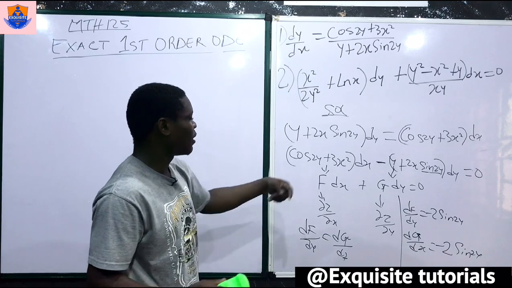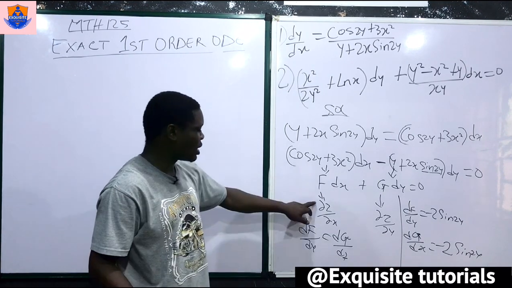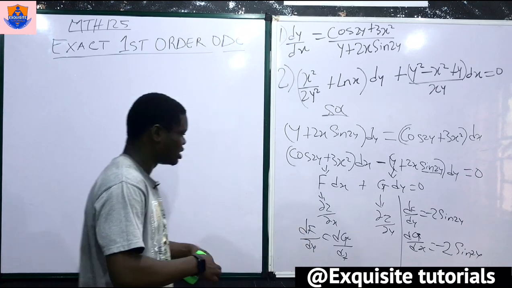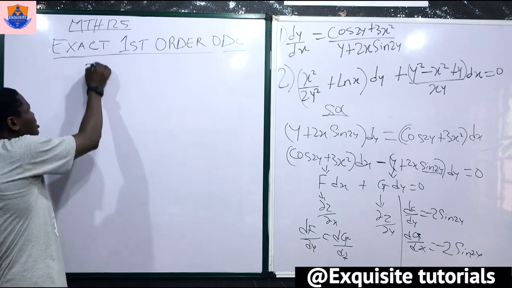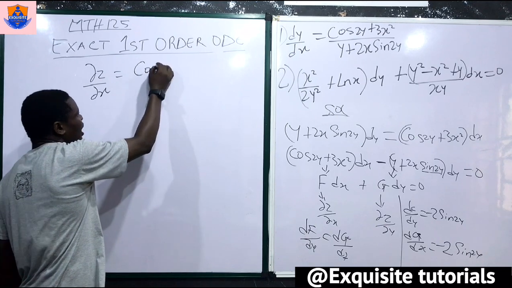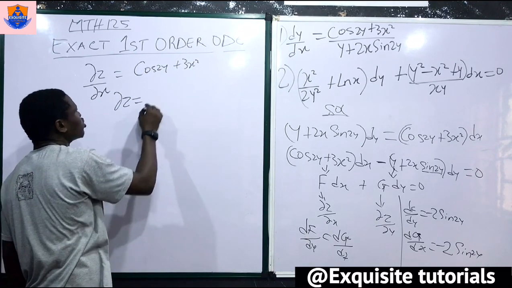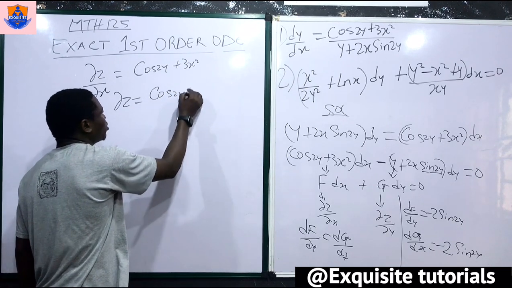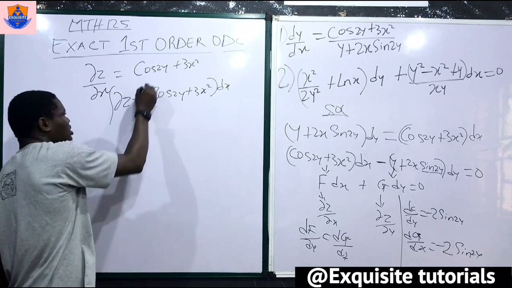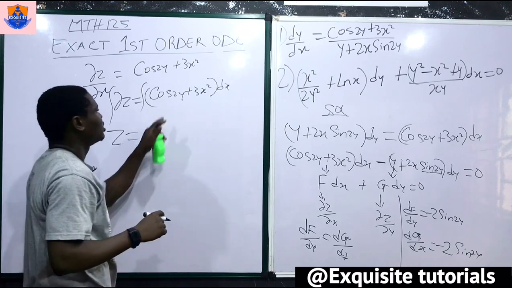Now we can solve the differential equation since we know that it is exact. Now remember that our dz over dx is this. So dz over dx is cos 2y plus 3x squared. So our dz is equal to cos 2y plus 3x squared dx. So I will integrate both sides. When I integrate dz, I'm going to have z is equal to, now what is our cos?